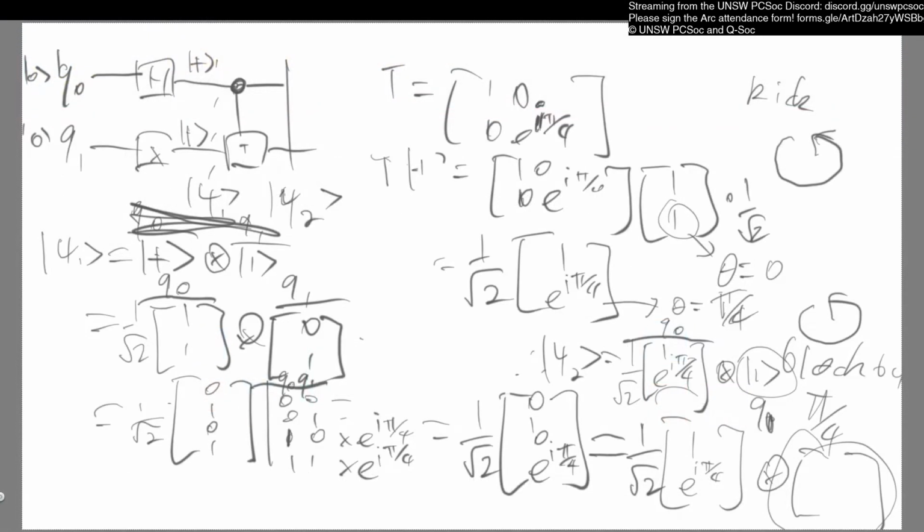If you have a state, let's say you have a state like this: Q0, Q1 is 0 minus 1.